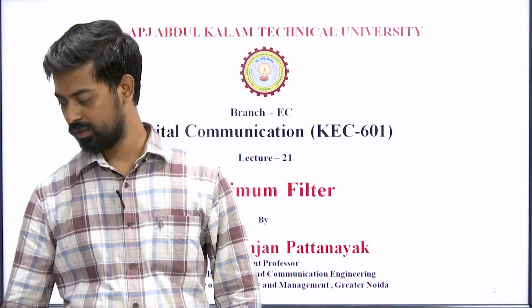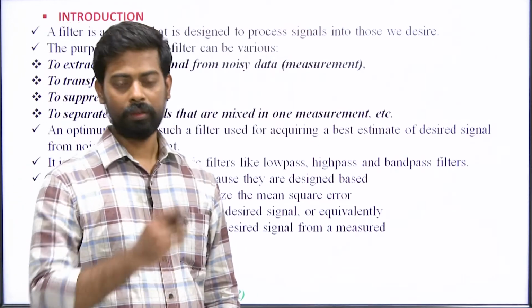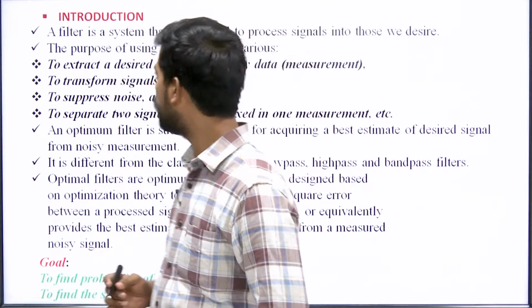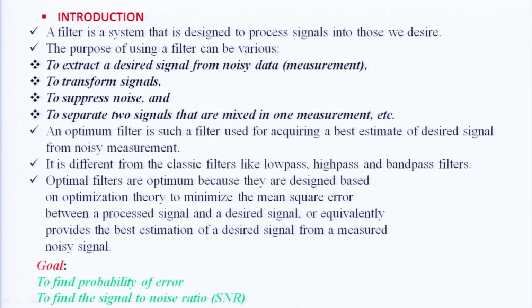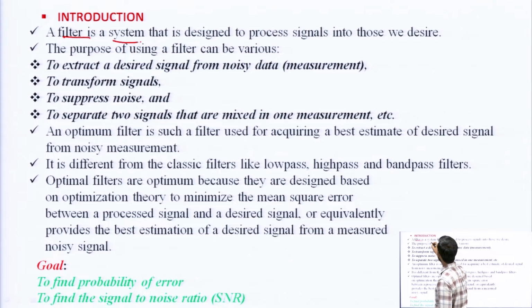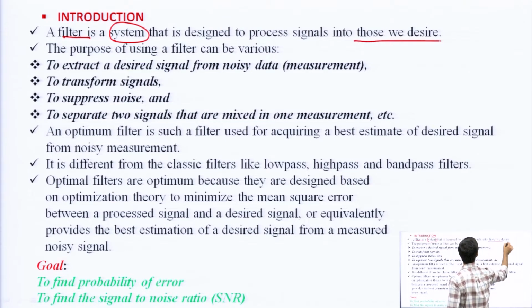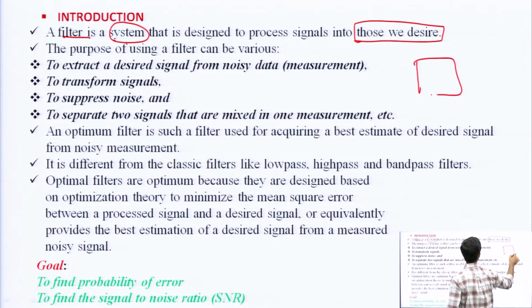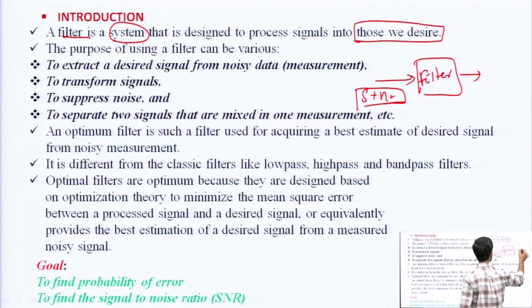To detect the signal from a noisy environment, we use the optimum filter in our digital communication system. Before that, we first have to see what a filter is. A filter is a system designed to process a signal into the one we desire. Some signal, that is information plus noise, goes in, and at the output we require the desired output.